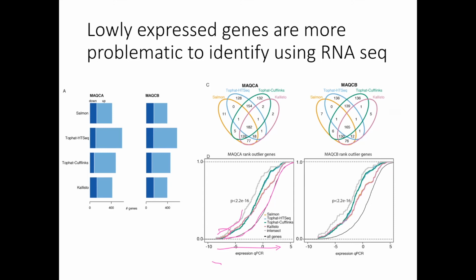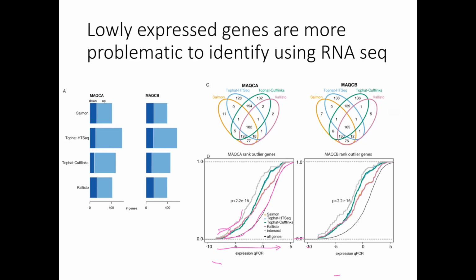So you can see that it's shifted to the left. So that means that they are the lowly expressed genes. That's how you should interpret that one.